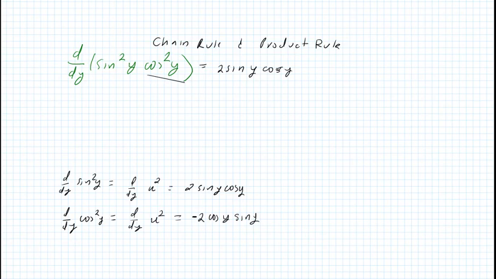Now we multiply it times cos square y, and we're gonna do plus. Then we keep sine square y, and multiply it times the other derivative, of cos square.